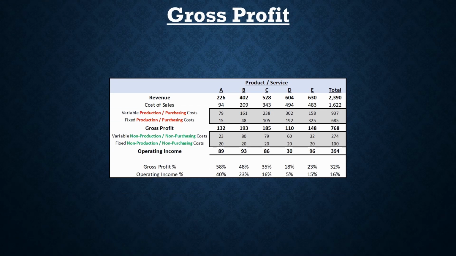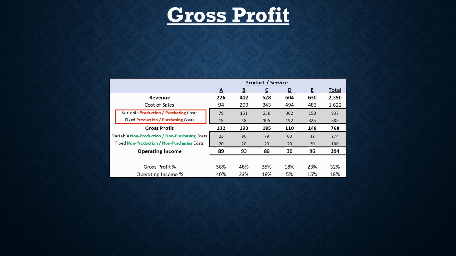We start with a typical income statement. Cost of sales is deducted from our revenue to calculate gross profit. However, we need to look more closely at what cost of sales comprises. Upon closer inspection, we see that cost of sales represents all costs related to purchasing or production of our goods and services.